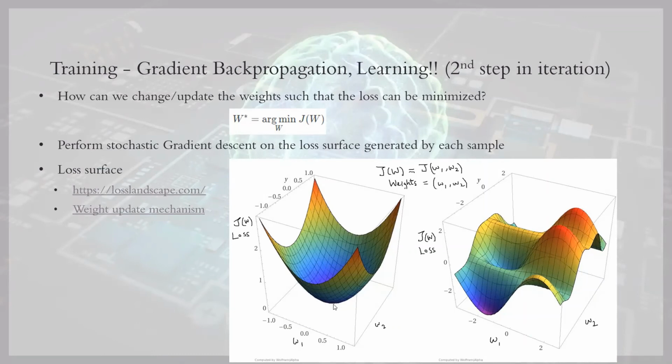But if you see right in the center here, it is the least loss that you will get. Correct? So this is a loss function, and we want to minimize the loss. And what is the weight that you have to choose in order to minimize this loss? That is the whole idea.